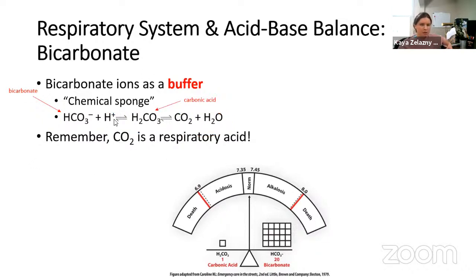We say it's a respiratory acid basically because the normal role of CO2 is that it's produced by cellular respiration, right? So it's produced by breaking down glucose, and we should be breathing it off during ventilation. Okay, so it's a respiratory acid produced by respiration, should be gotten rid of by ventilation.